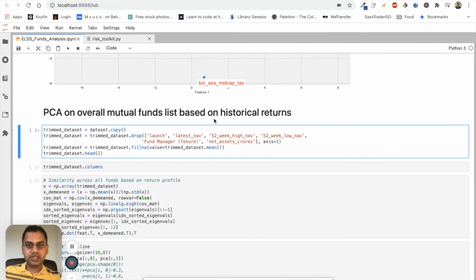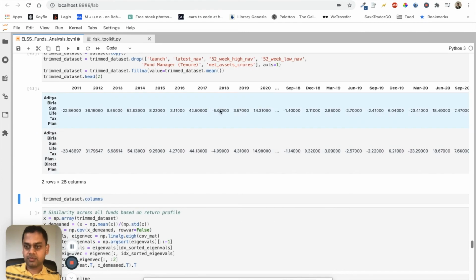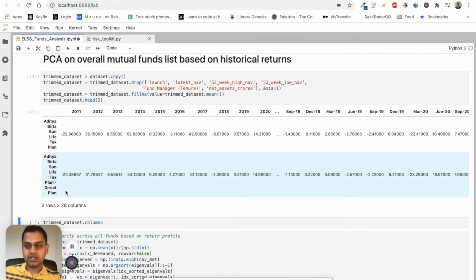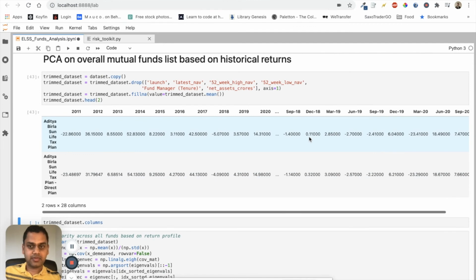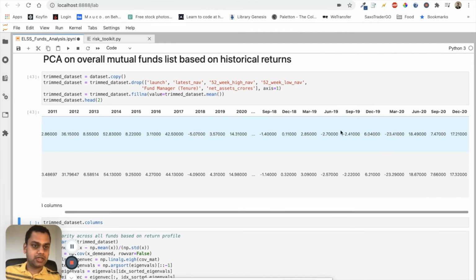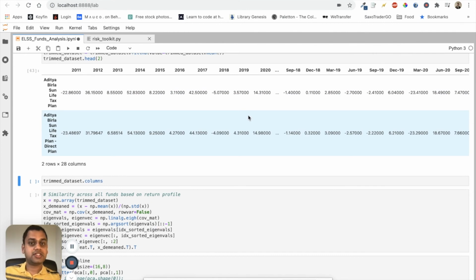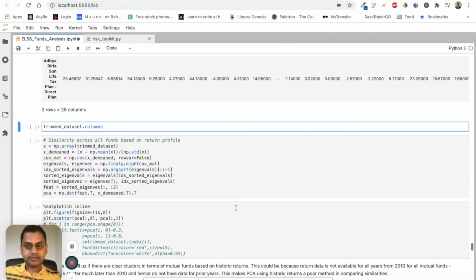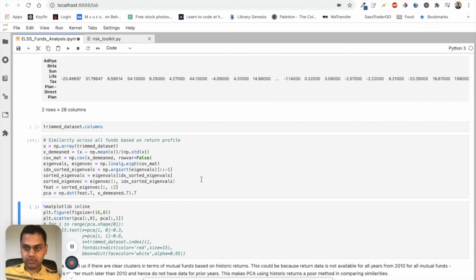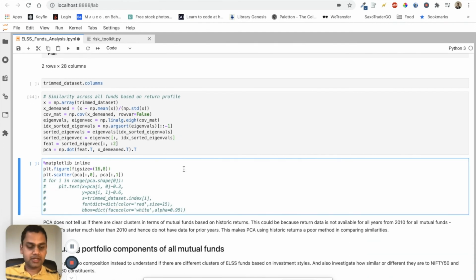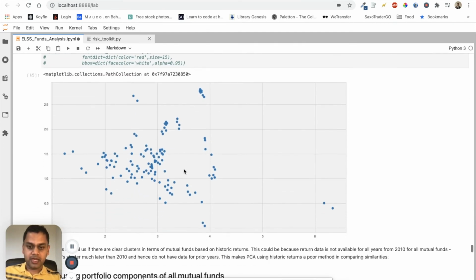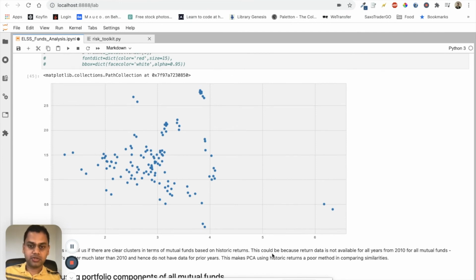First we'll plot similarities on the basis of historical returns. Similar to the previous data, which had 5 rows and 88 columns, this has all of the funds and 28 different return metrics: yearly returns, quarterly returns, monthly returns, weekly returns, etc. Let's take those return metrics and see if they are similar. We run a principal components analysis again, and plot them based on feature 1 and feature 2.